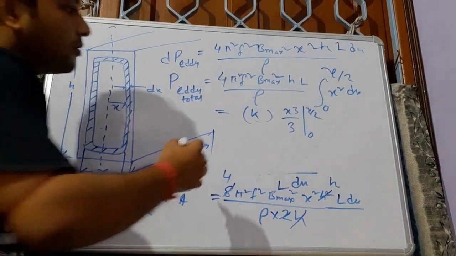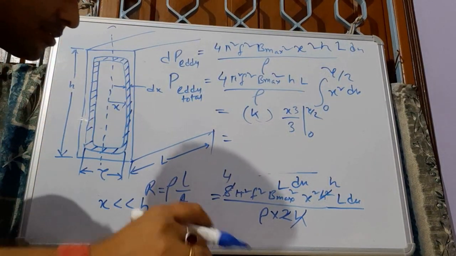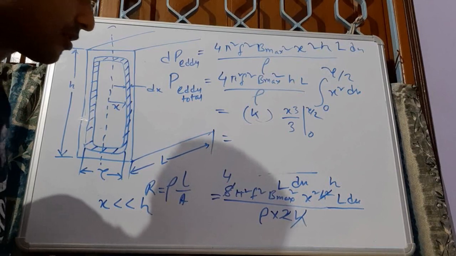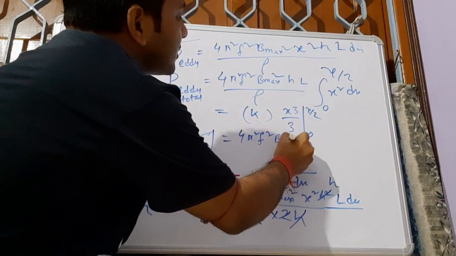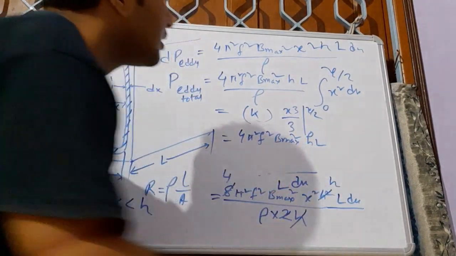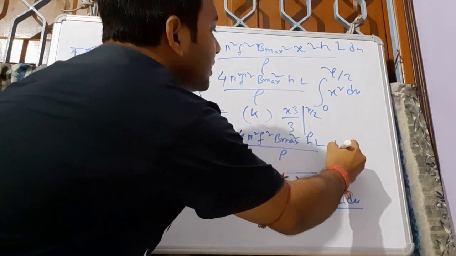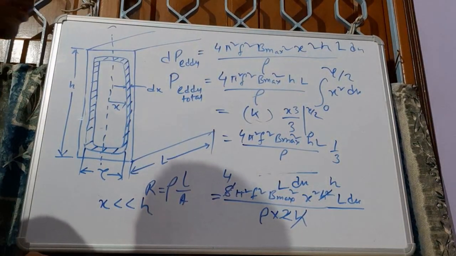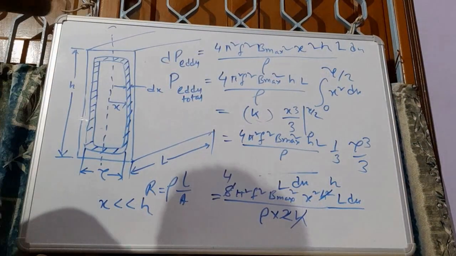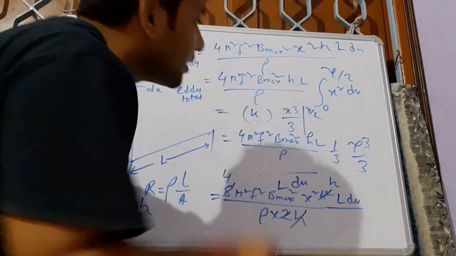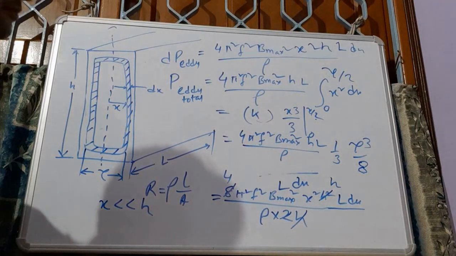Now we will get 4 pi square f square B max square h L by rho, 1 by 3 into tau cube by 8, yes, 2 to the power 3 means 8.